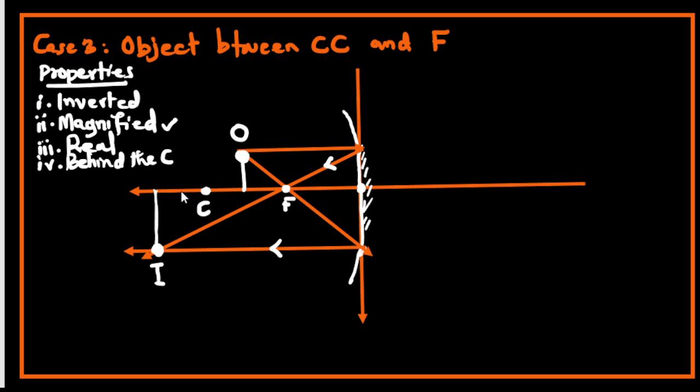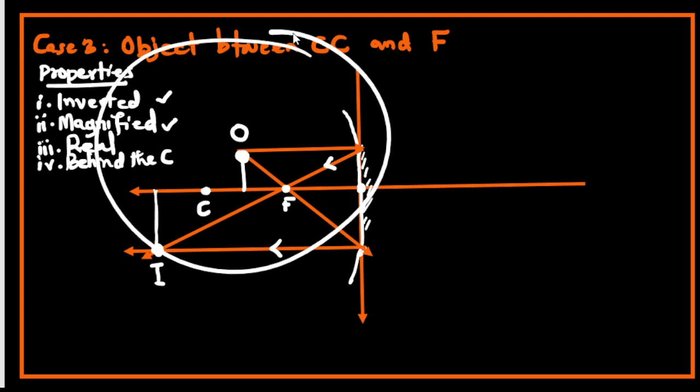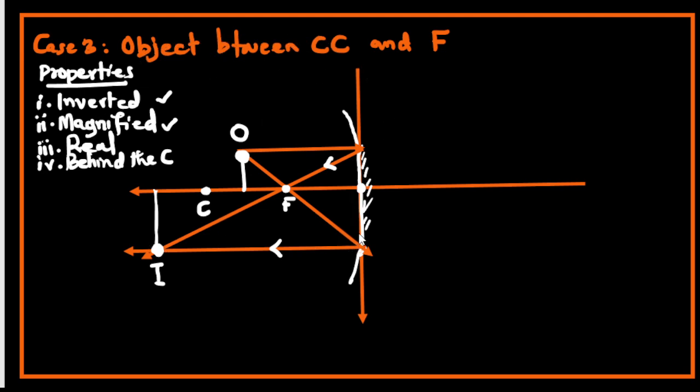Magnified. You can see the orientation of the image compared to the object, it is inverted, so that ticks the box here. Then as an observer, you are standing on the left hand side of this mirror and the image is formed at your side. That ticks the box of being real. And it is formed behind the center of curvature based on what you can see. That ticks the last box.